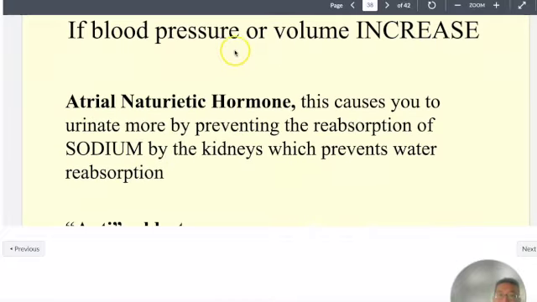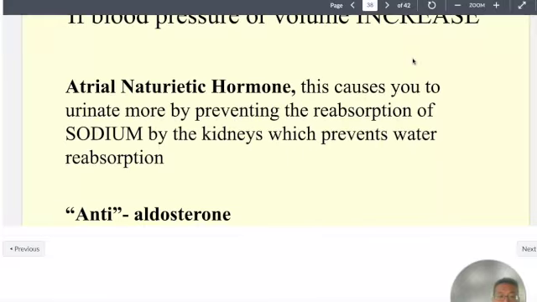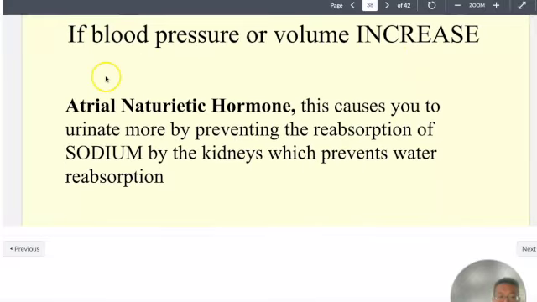But if it increases, one of the ways the body will use hormones is atrial natriuretic hormone. Natriuretic refers to salt. This causes you to urinate more by preventing the reabsorption of sodium by the kidney, which prevents water reabsorption. Remember, water always follows salt.